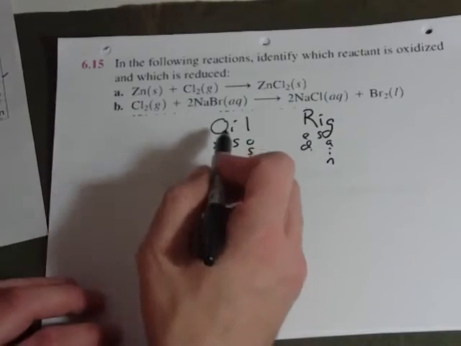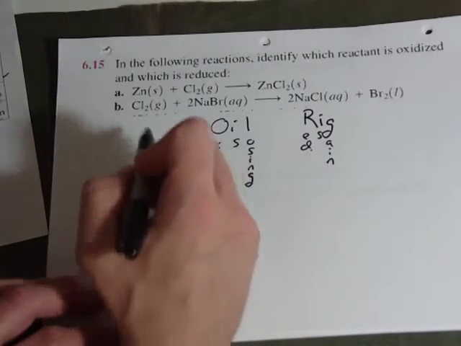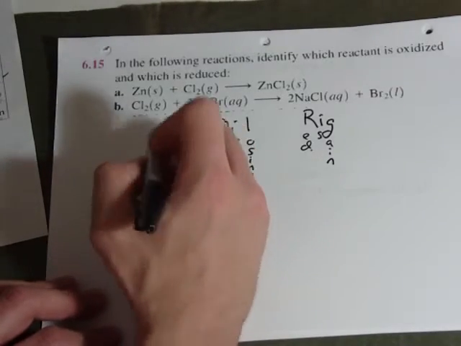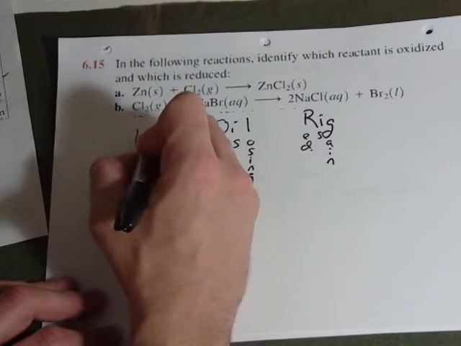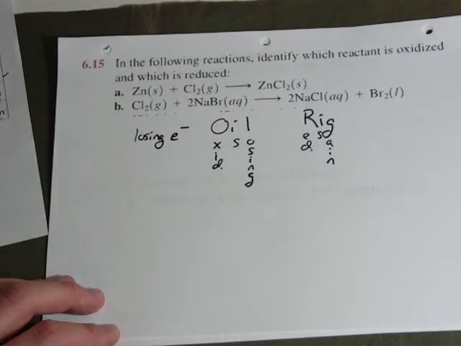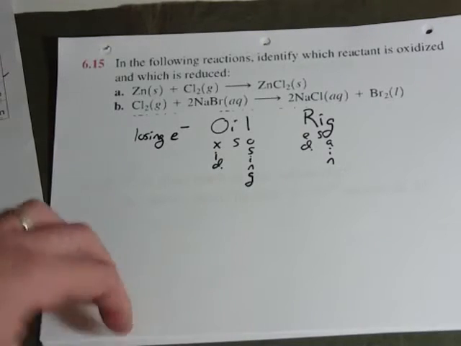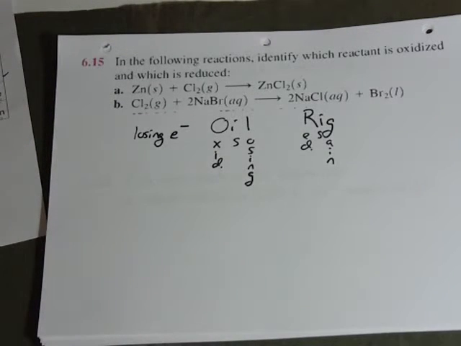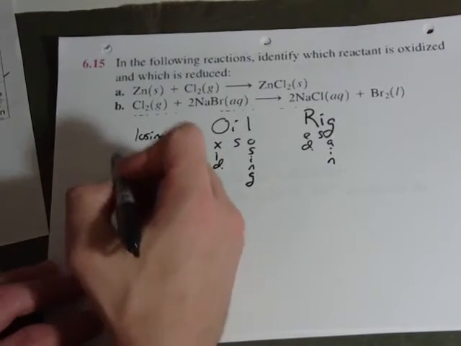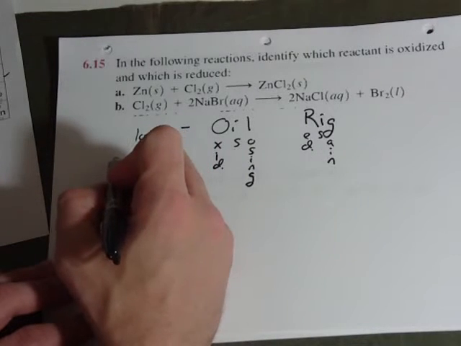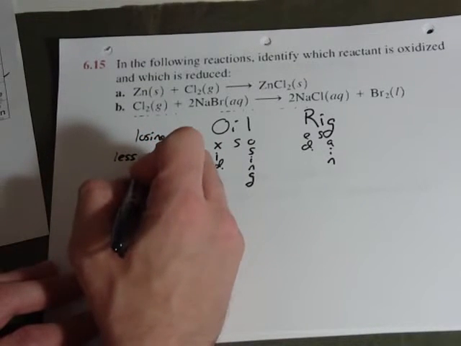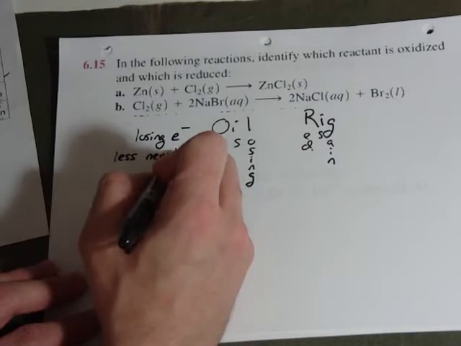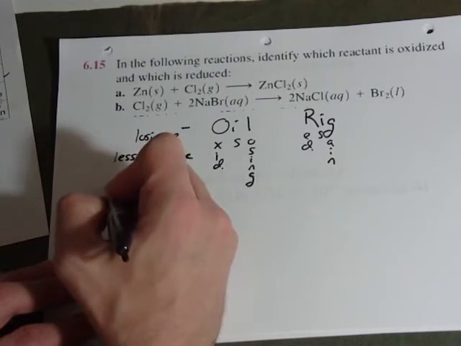And so in OIL, oxidation is losing. That means it's losing electrons. And so if it's losing electrons, it's losing its negative charge. And so if it's losing its negative charge, it's going to either get less negative or more positive.